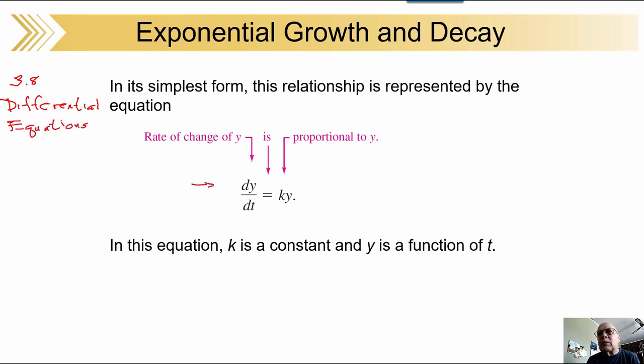This is similar to a differential equation if we multiply both sides by dt. dy equals k times y times dt. dt is one variable, and that's our differential one.